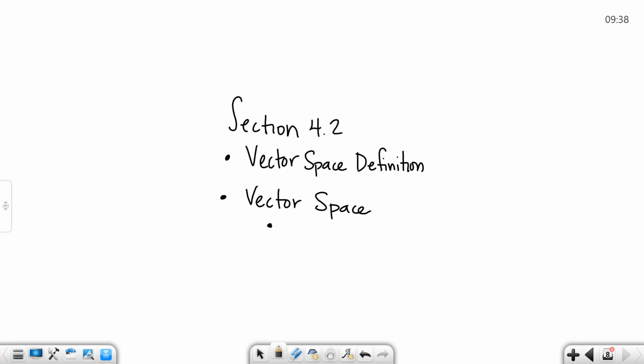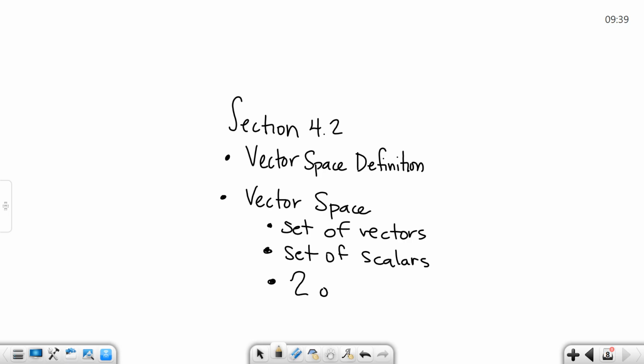It has to have a set of vectors, a set of scalars, and 2 operations.